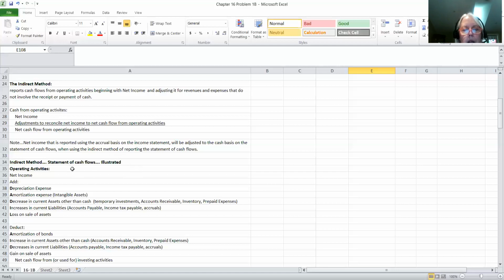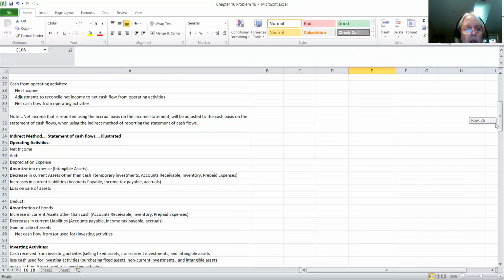Now, I want you to make sure that you read your chapter in your textbook. But what I've done is I've come up with a way to report the indirect method statement of cash flows in my own way. So I wanted to show this to you because this is the way that I learned how to do the statement of cash flows.